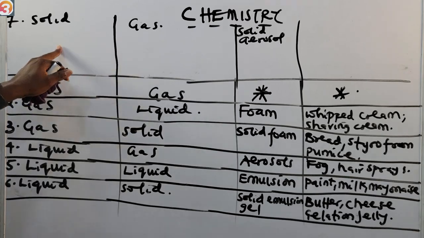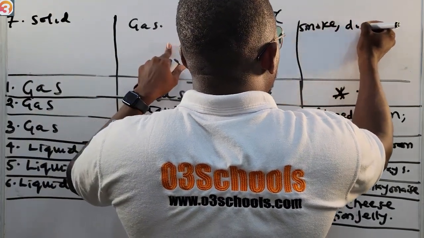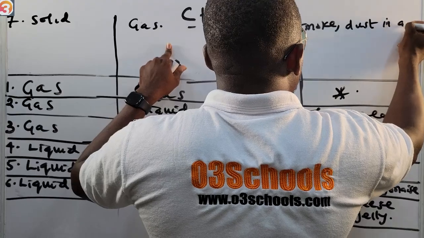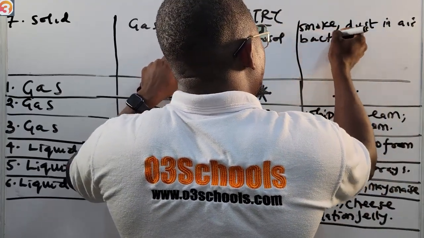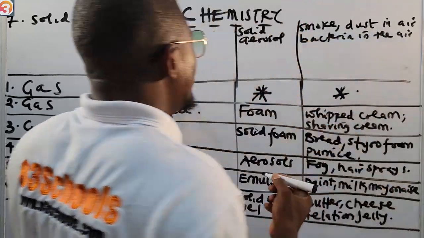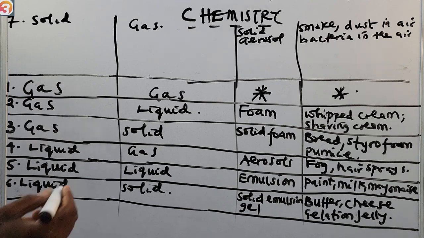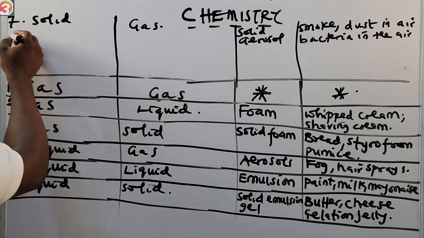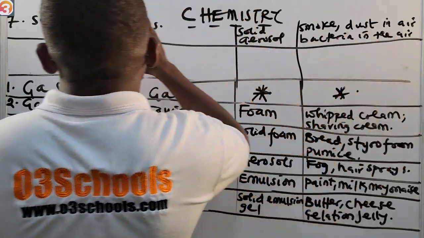Examples are smoke, dust in the air, and bacteria in the air. All these are examples of solid gas colloidal system. We call them solid aerosols.